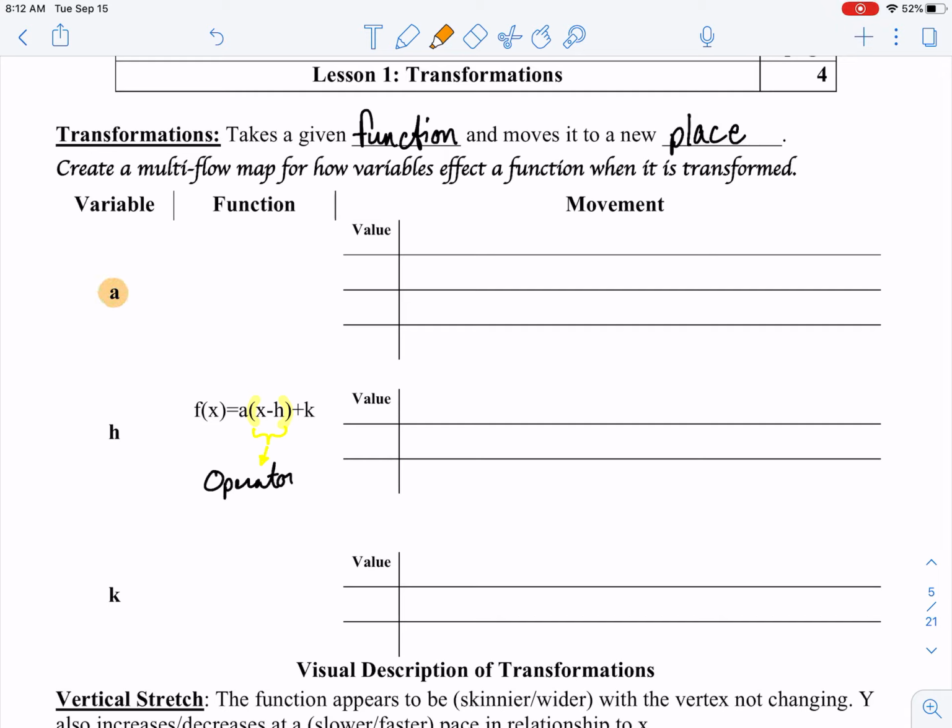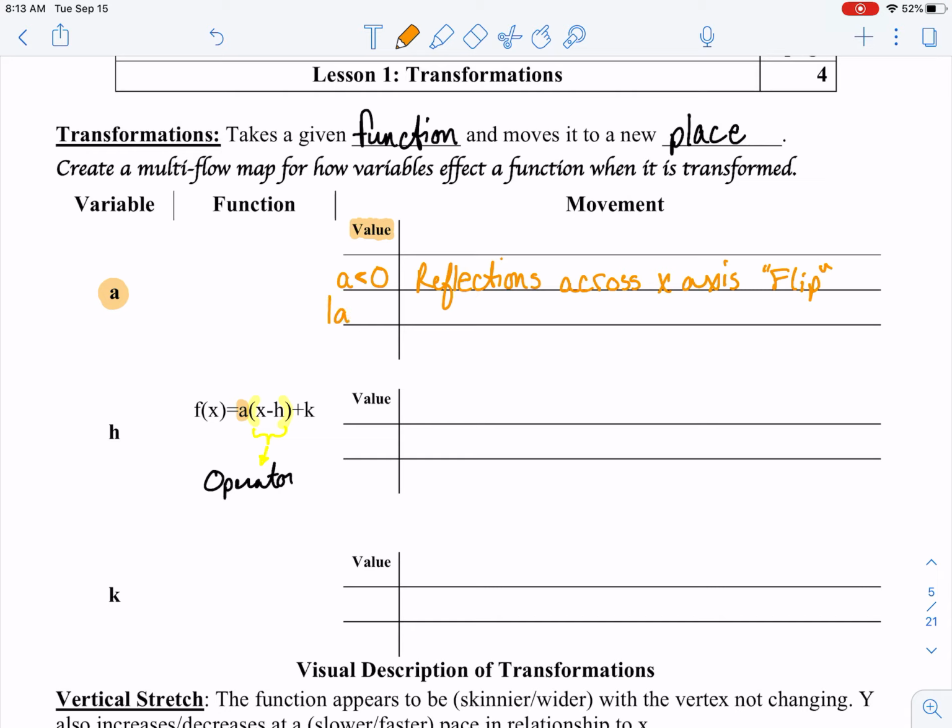Now, we have our A values. Okay, so if A is less than 0, you have reflections across your x-axis. Another way to think of this are flips.